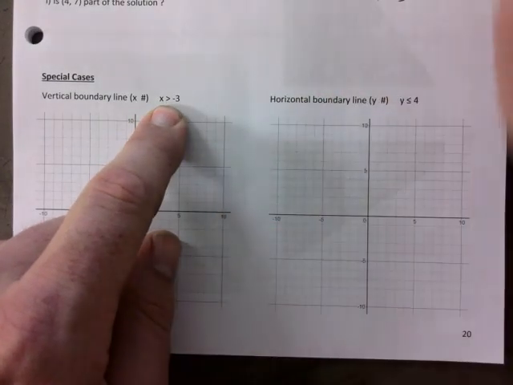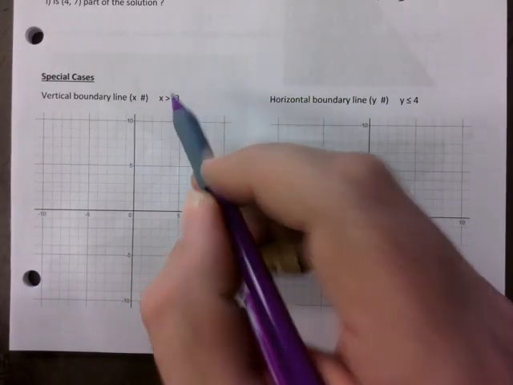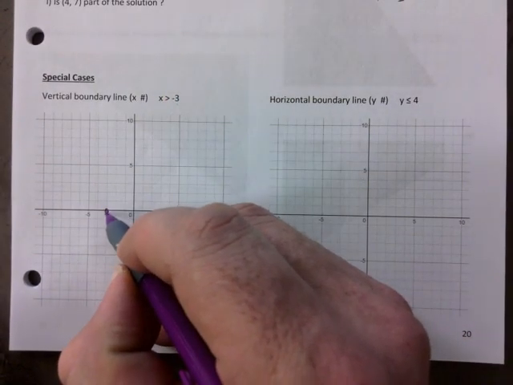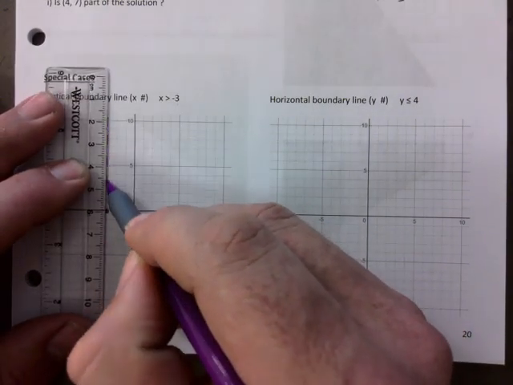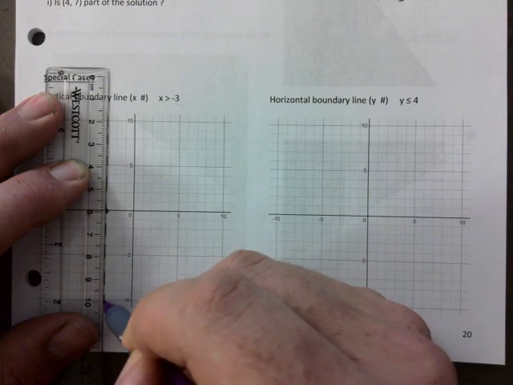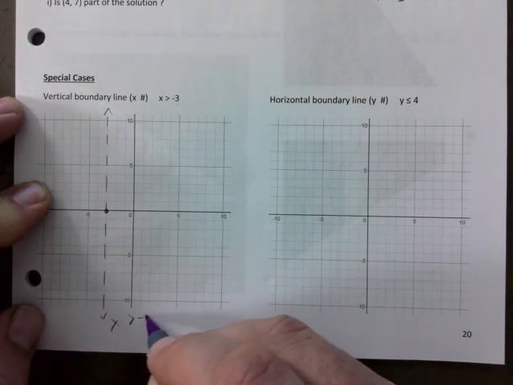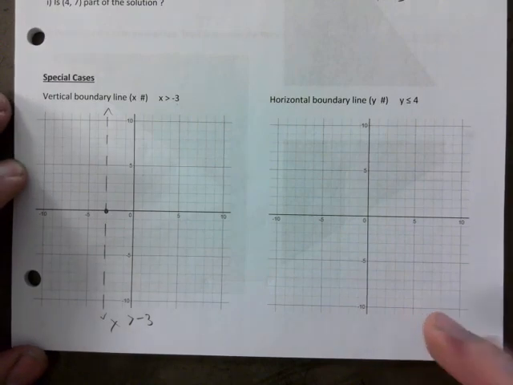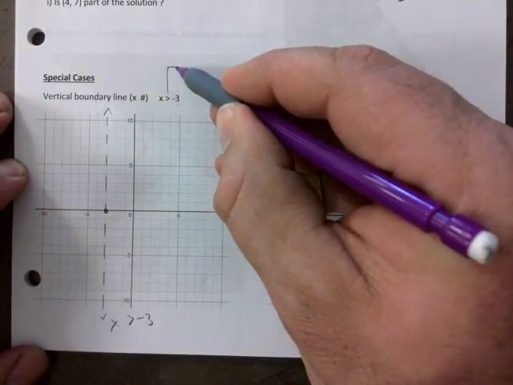Vertical boundary line. If it's like this already isolated, this is going through -3. So you go to -3 here and make your dashed line. X is greater than -3. Okay. What do we know? This sign is telling us a couple of things.